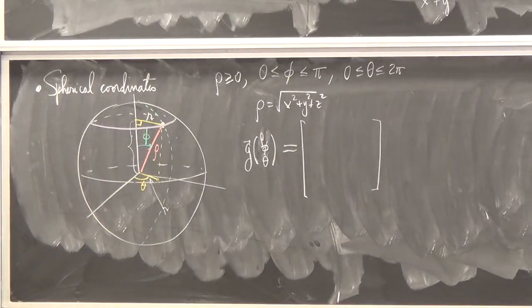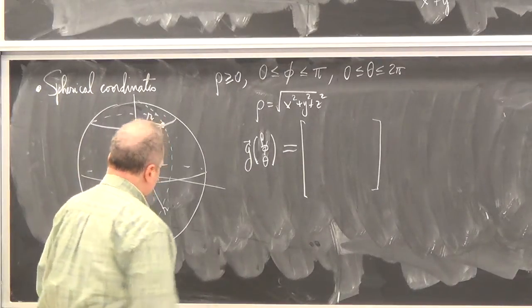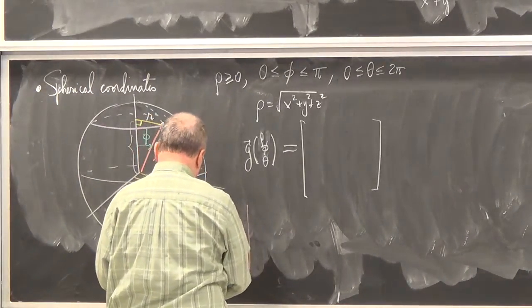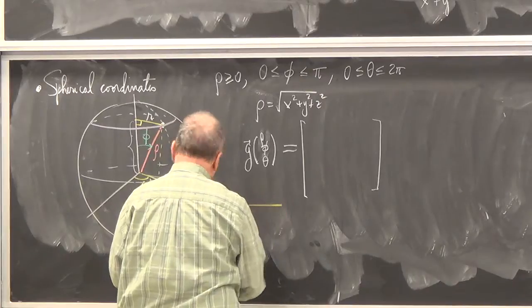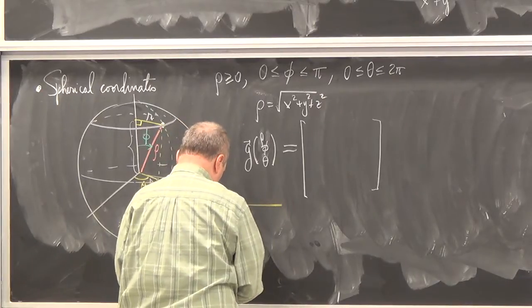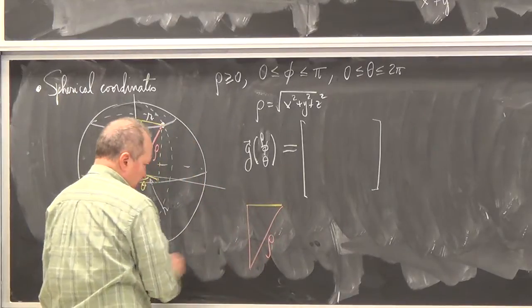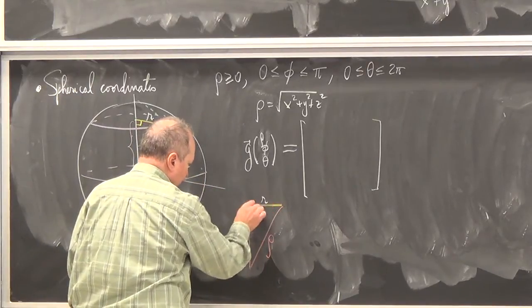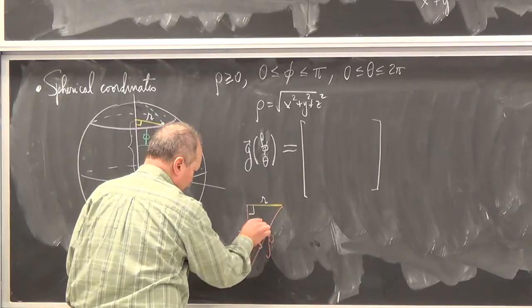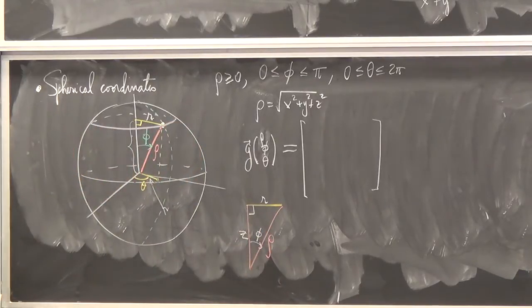No. Look, you've got a right triangle here. This side is rho, this side is z, and this side is r, and this angle is phi. So what's z? Rho cosine phi.